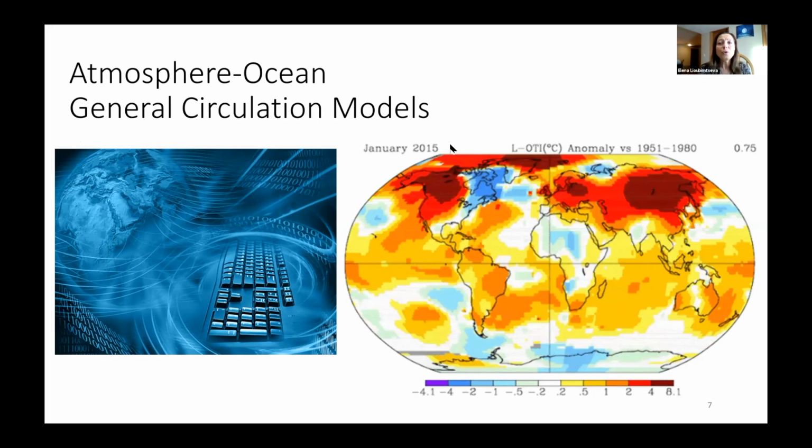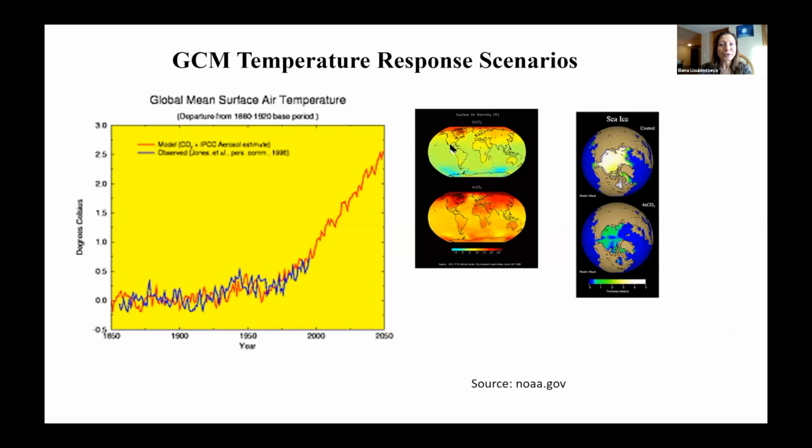You might sometimes hear from some misunderstanding students or parents, listen, all these models are coming from the IPCC. Well, they're not coming from the IPCC. What the IPCC, Intergovernmental Panel on Climate Change, is doing is screening the quality of those models. They don't develop those models.